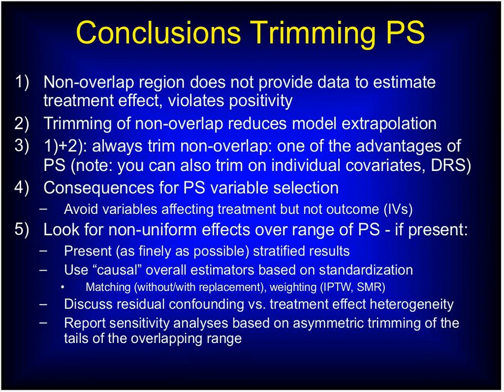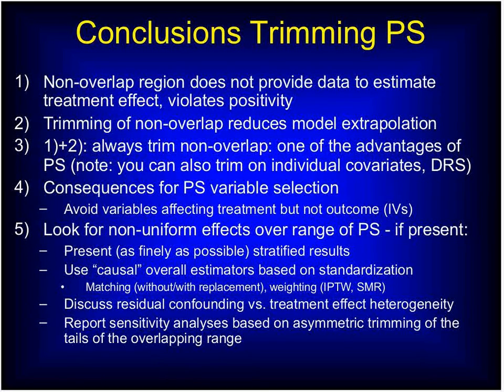There are consequences for propensity score variable selection, because if you do the trimming, you should definitely avoid variables affecting treatment but not the outcome, the so-called instrumental variables. Avoid including these in a propensity score model, because they will increase non-overlap without any confounding control.